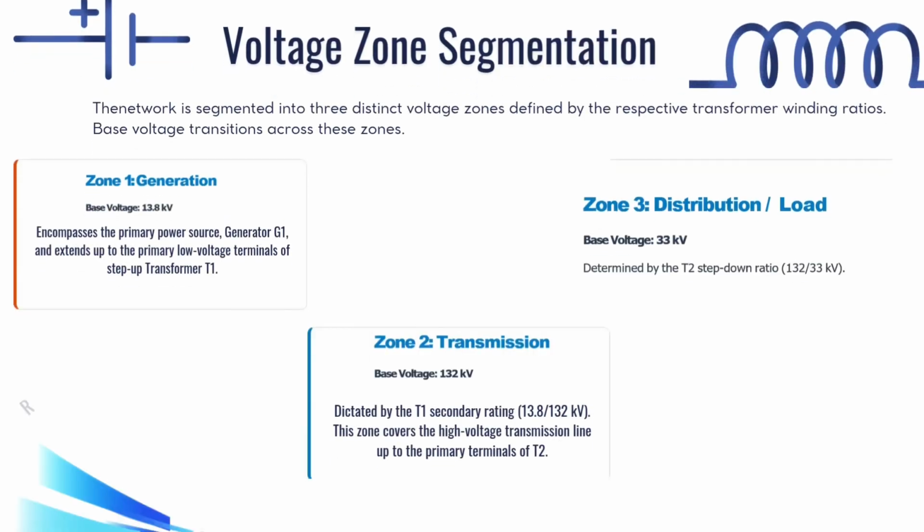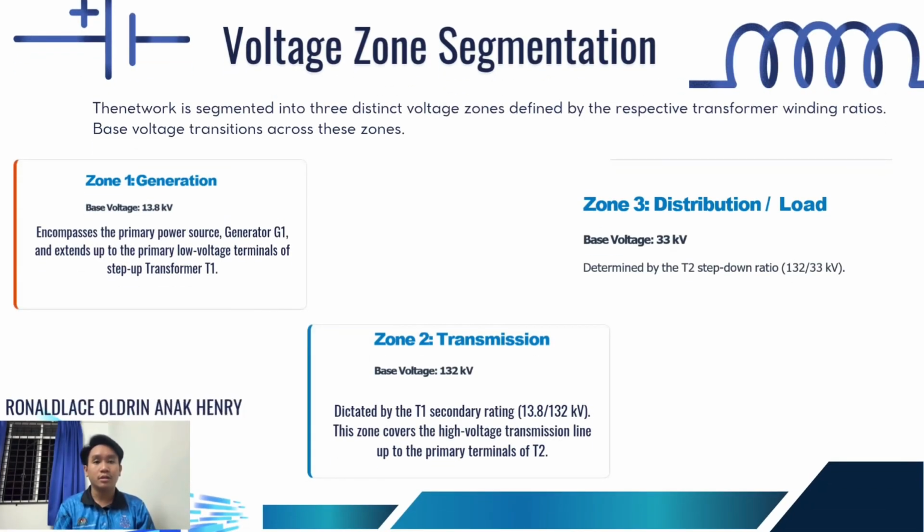For performing the per unit calculation, the network is divided into 3 voltage zones. Zone 1 includes the generator and the low voltage side of transformer T1 with a base voltage of 13.8 kV. Zone 2 covers the transmission system between transformer T1 and T2 operating at a base voltage of 132 kV.